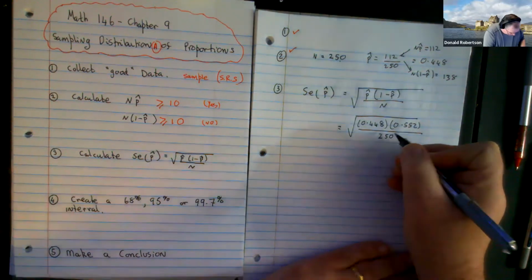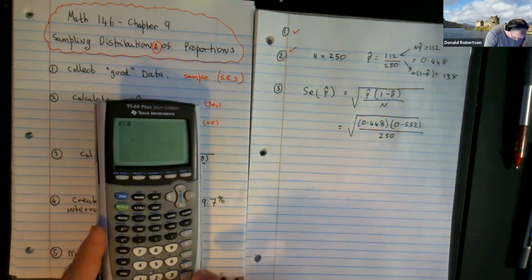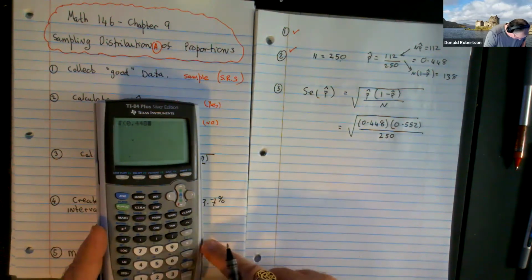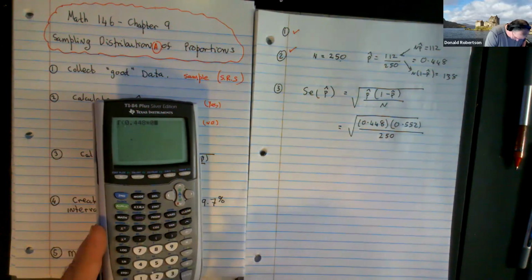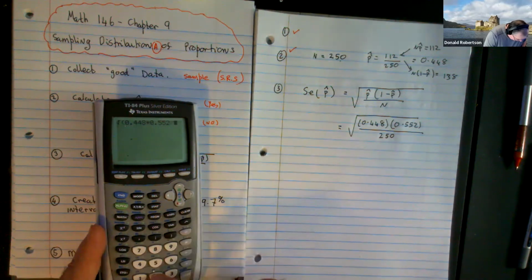And then we go to our calculator and we go square root of 0.448 times 0.552 divided by 250.